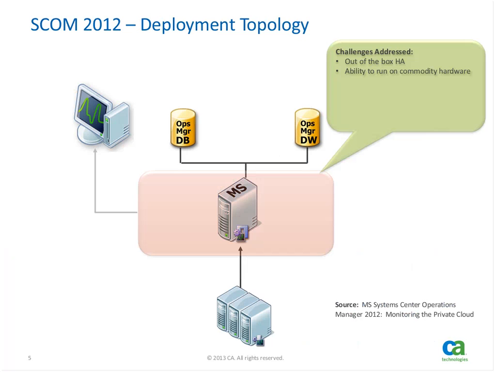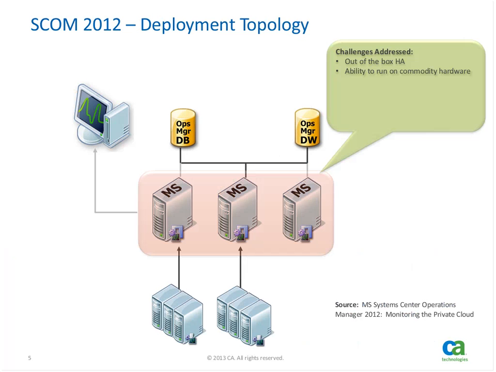It's when you move to an HA availability where you have multiple management servers or a cluster of them that you are required to go to 2012 if you want the HA automatic rollover features. If one of those fails, the work will roll over, and that's what it's designed to be.